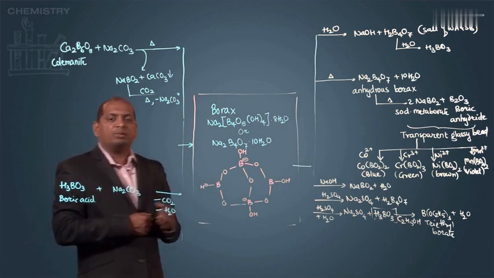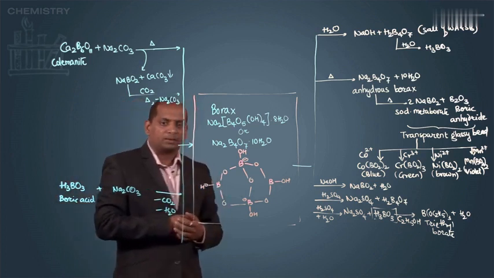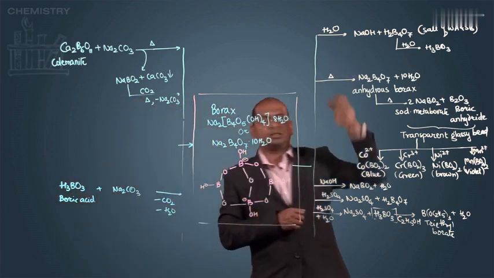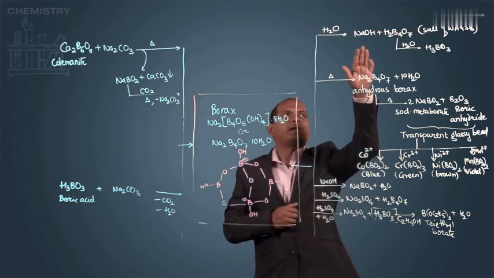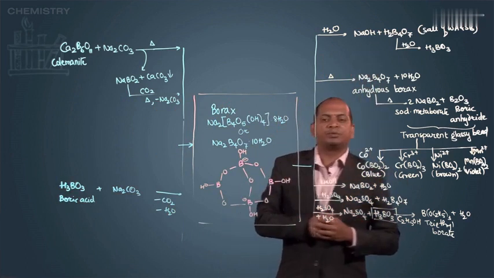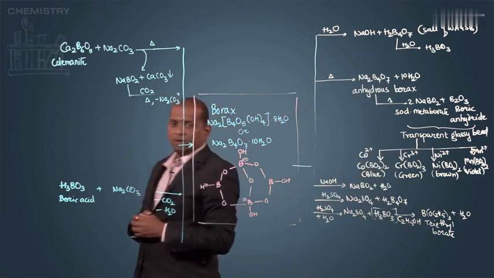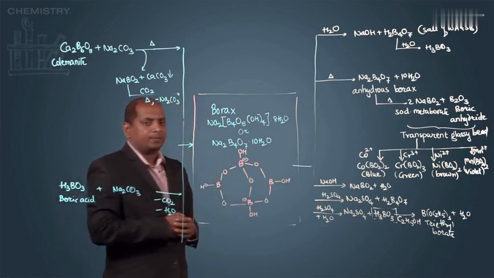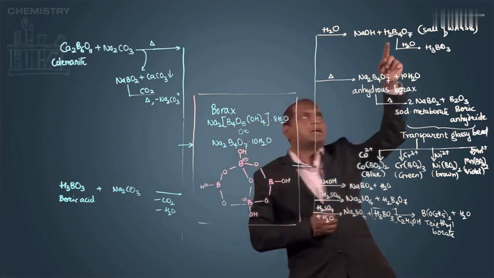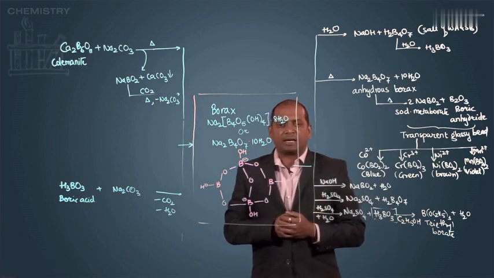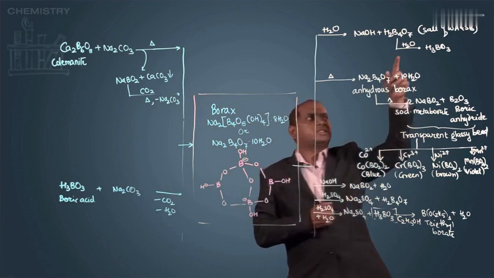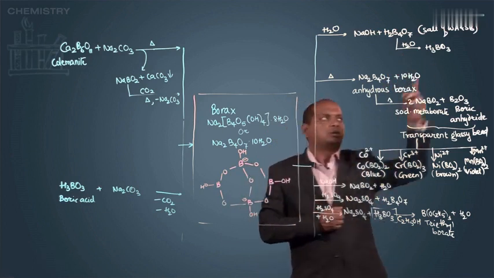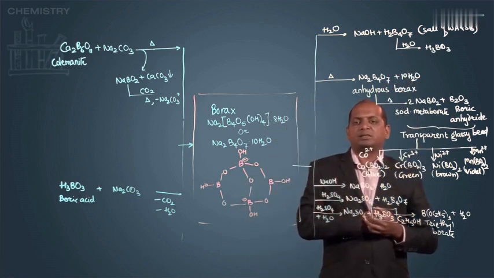So, when borax is hydrolyzed, we get NaOH and H2B4O7. Now, this H2B4O7, which is an acid, is further hydrolyzed to give orthoboric acid, that is H3BO3.